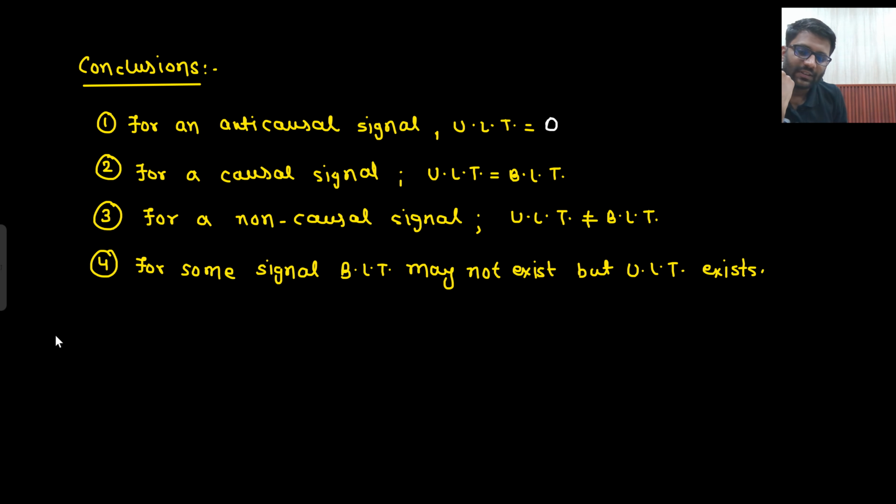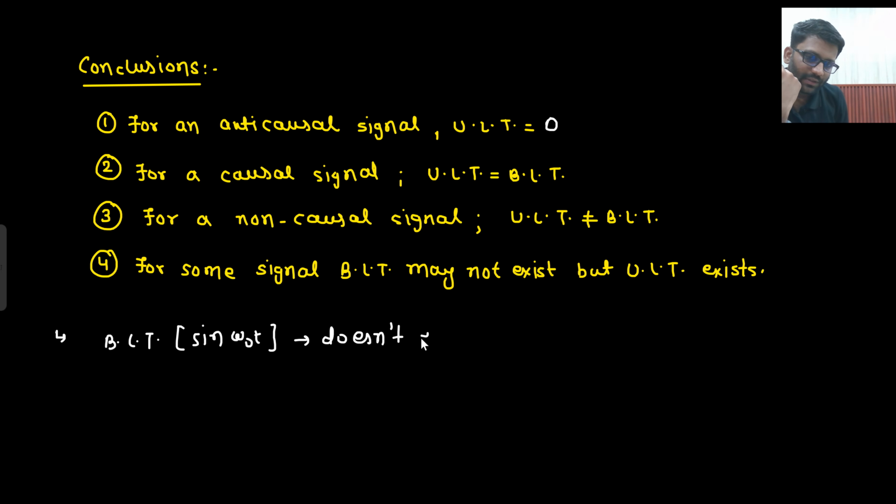More examples you can see. What is the bilateral Laplace transform of sin omega naught t? It is a periodic signal, right? It does not exist. But let me know what will be the unilateral Laplace transform of sin omega naught t.